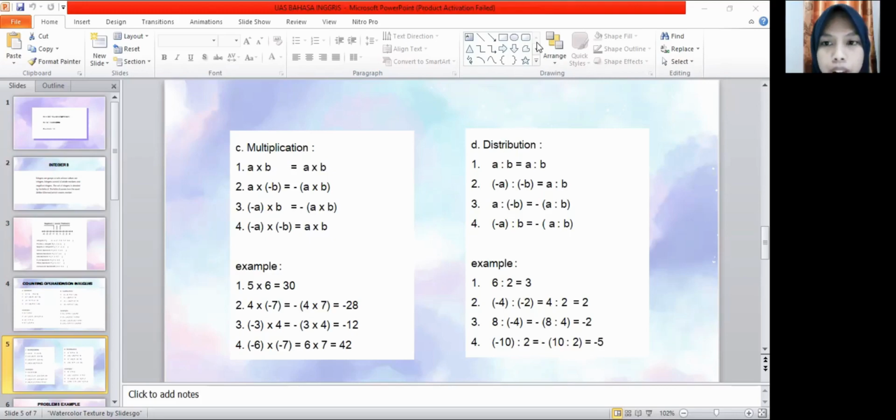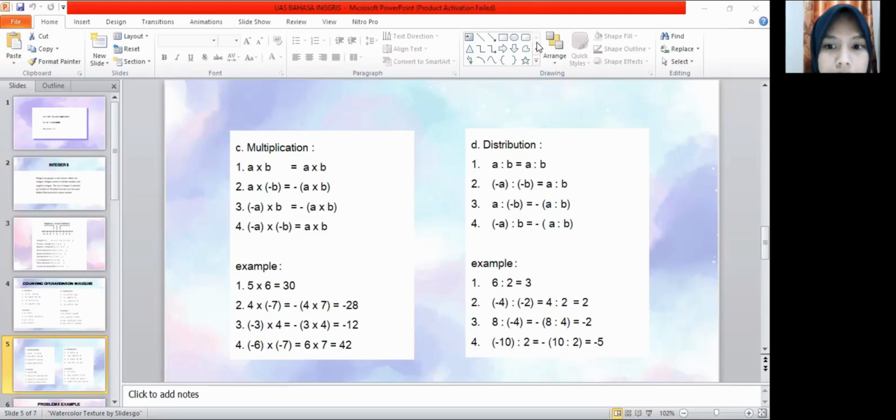In algebra form, a divided by b equals a divided by b. Negative a divided by negative b equals a divided by b. A divided by negative b equals negative a divided by b. Negative a divided by b equals negative a divided by b.